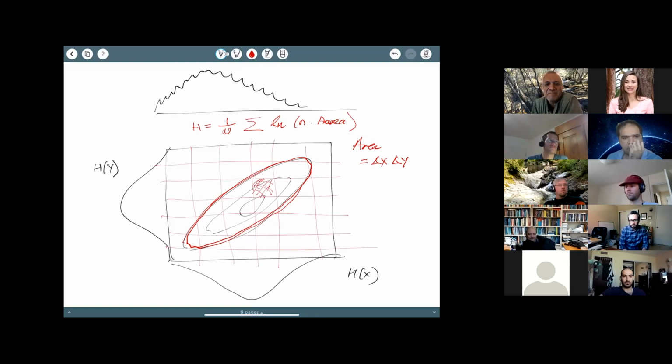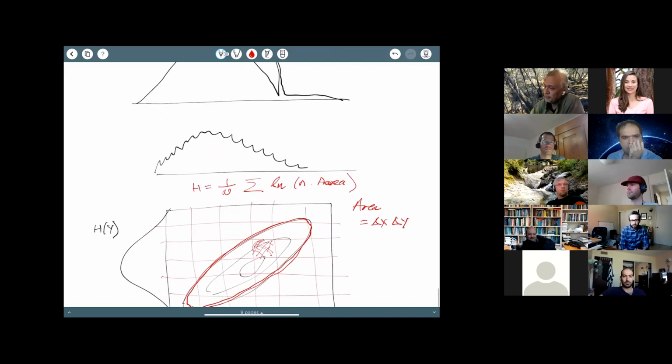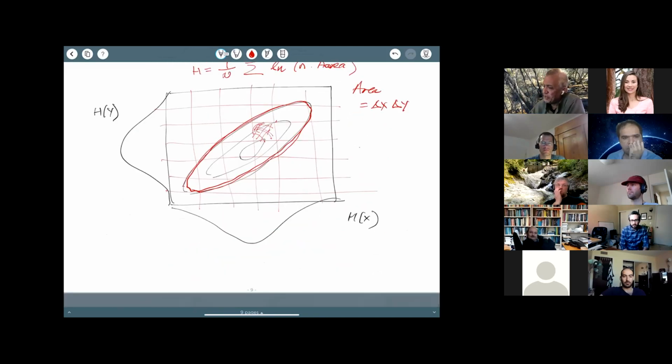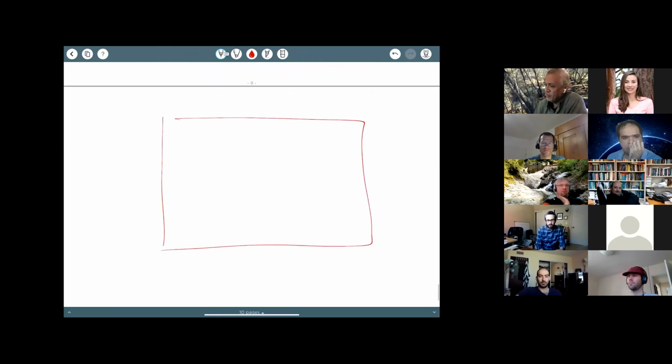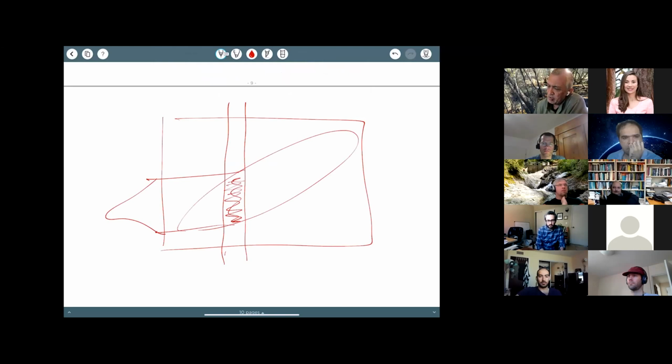Okay. The way we can do it, though you run into sample issues, but maybe it's the only thing we can do, is like this. The naive thing to do would be, I choose a width of x, and now I take all the samples that fall in this region, I project them over, and now I've got samples and I can calculate h of y for that delta x.